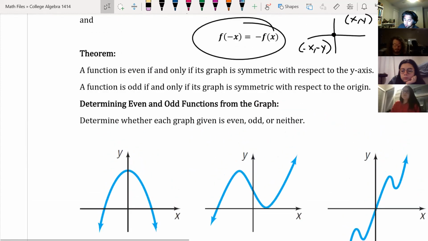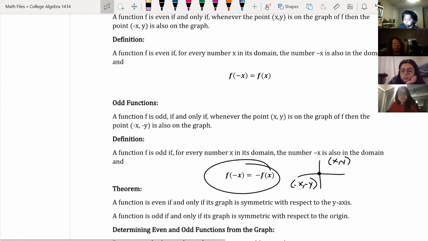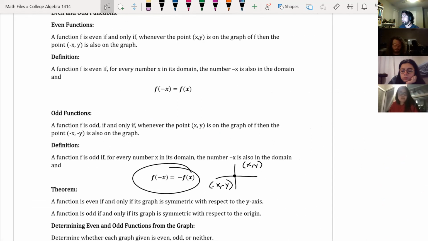So just to go over it again, even graphically means you are symmetric about the y-axis. I could have drawn a graph for that: if you had a point (x, y) here and you reflect it, you'd have a point (-x, y) over here. So you can reflect across the y-axis.